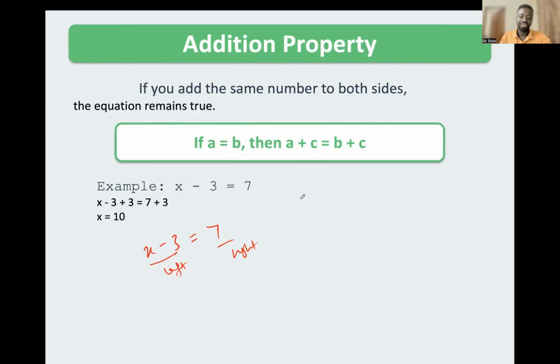So if you have x minus 3 is equal to 7, you can just add 3 to both sides.